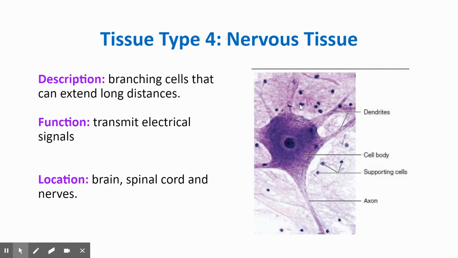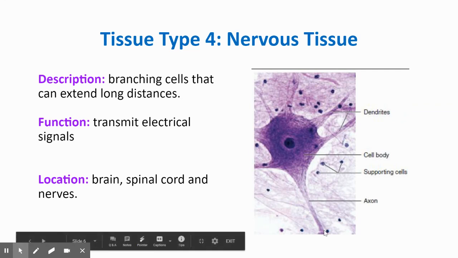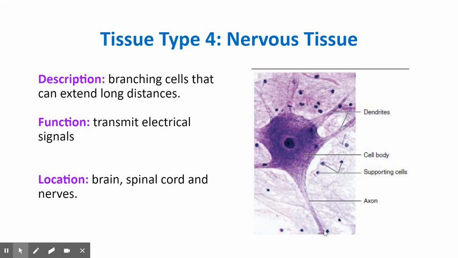Electrical signals are going to come in to this part of the nerve cell, and it's going to travel down the axon, and it's going to get transmitted to the next nerve cell. That's how signals are transmitted through the nervous system through these nerve cells.